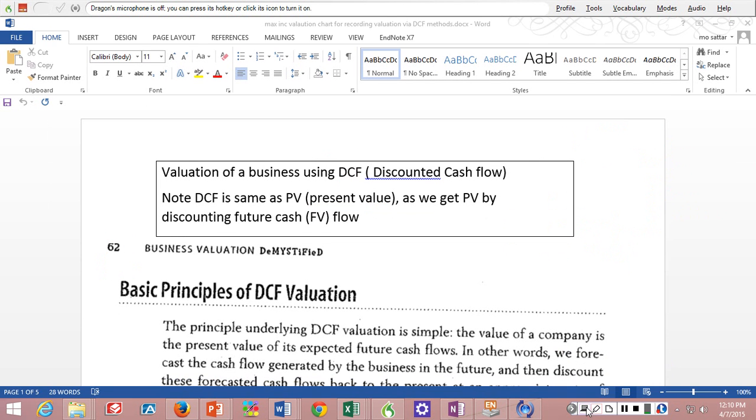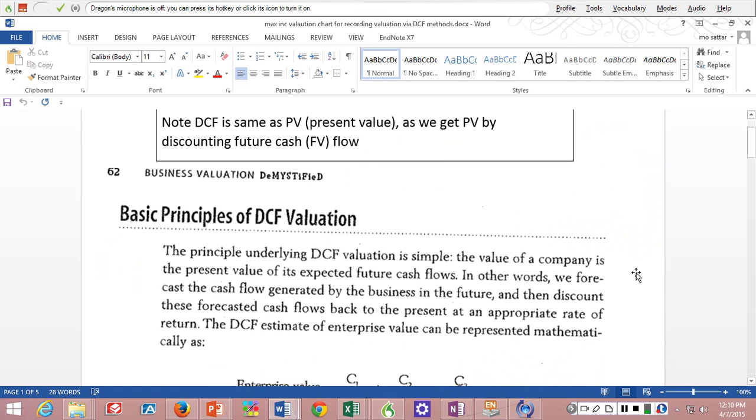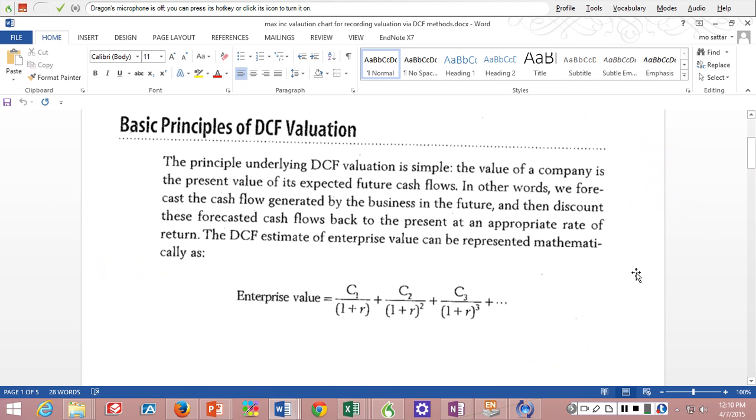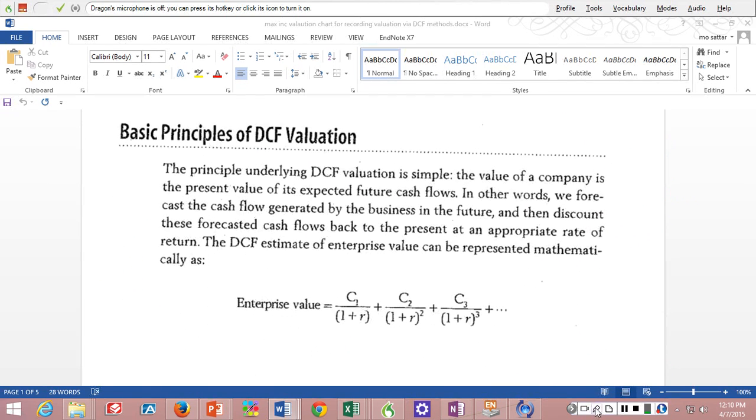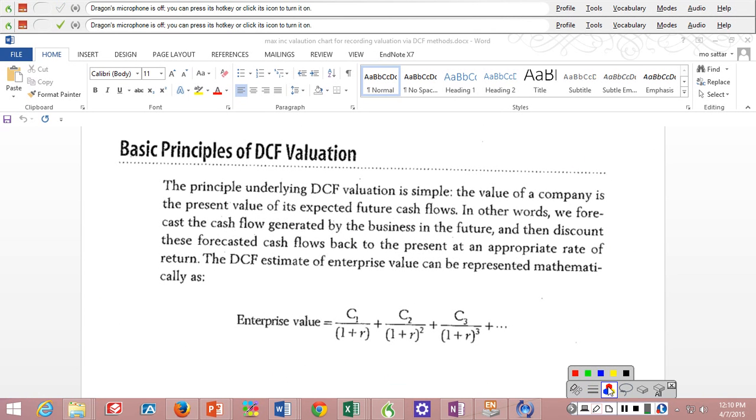Here, if I go down that page, the principle underlying DCF valuation methodology is simple. What you're really looking for is the enterprise value, typically called EV, or you can think of it as the price of the business, how much you would pay for the business.